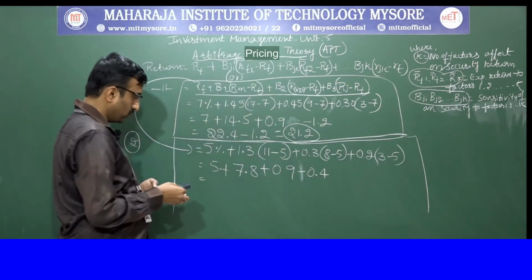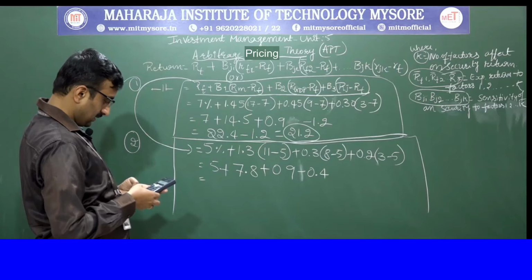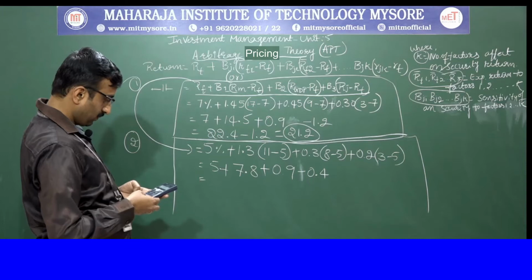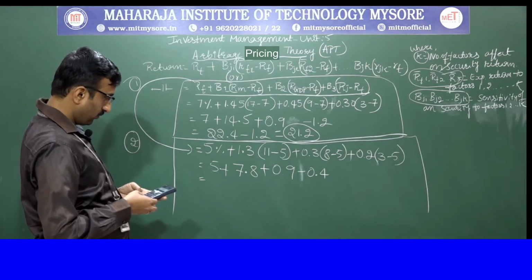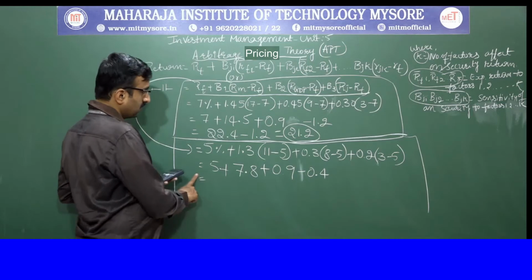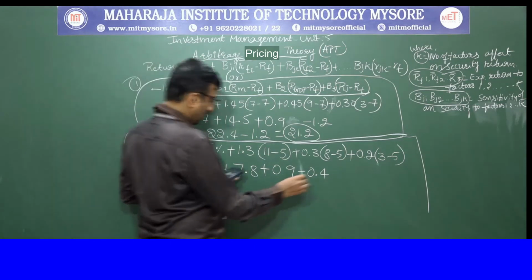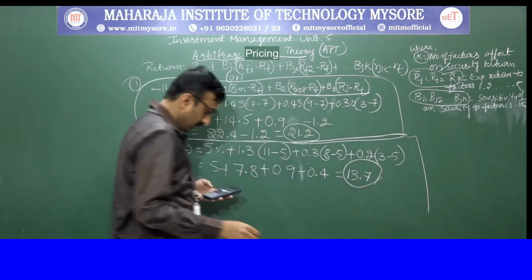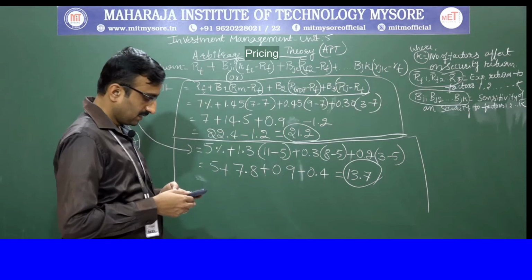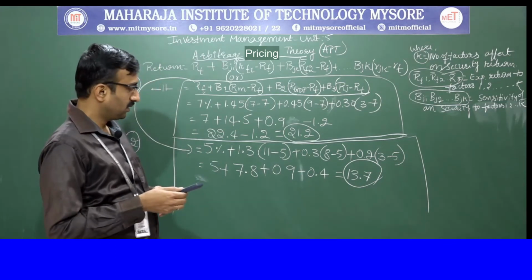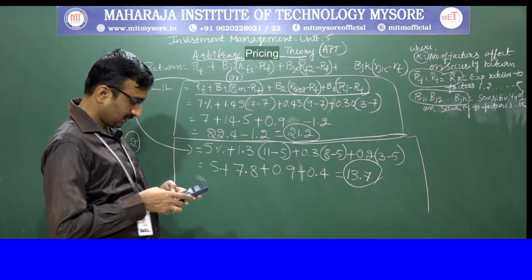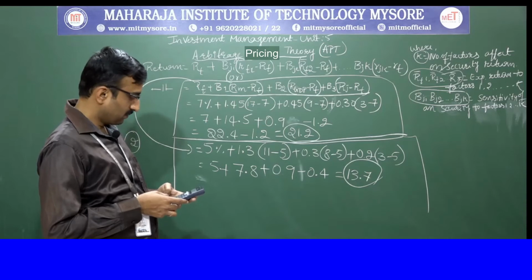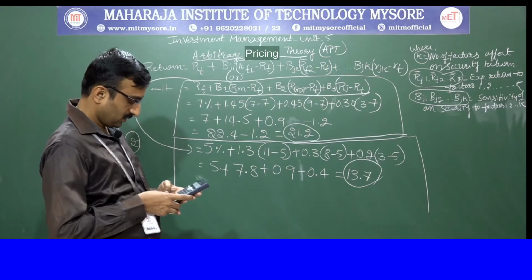Okay, then you do 5 plus 7.8 plus 0.9 minus 0.4.